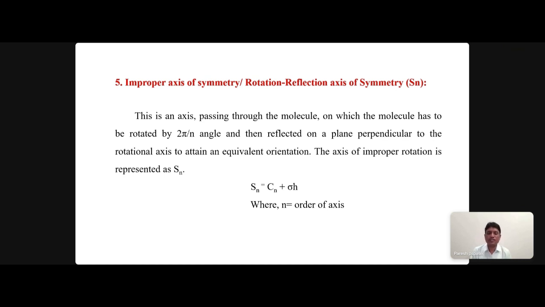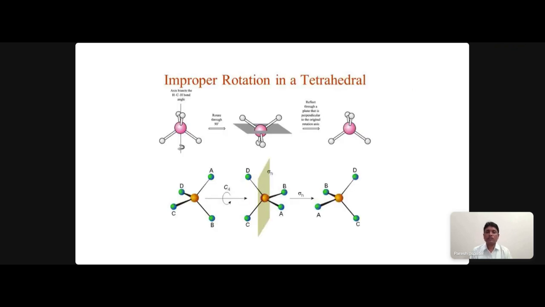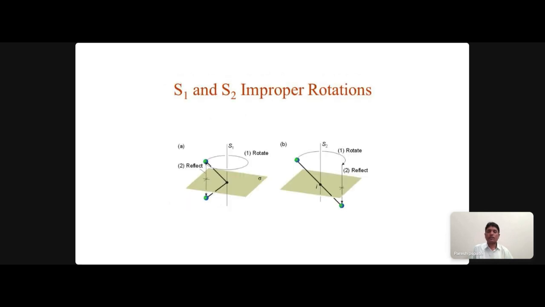So what is an improper axis of symmetry? First of all, we have to rotate the molecule around the axis and then reflect through the horizontal plane of symmetry to get the equivalent orientation. This is the improper rotation in tetrahedral molecules. This is S1 and this is S2 improper rotation.